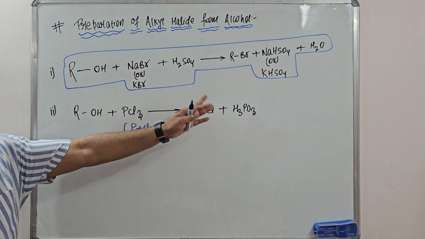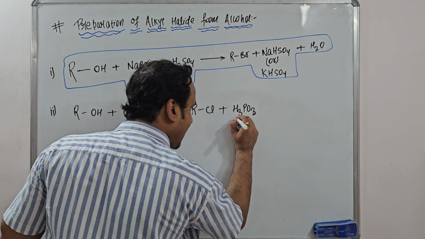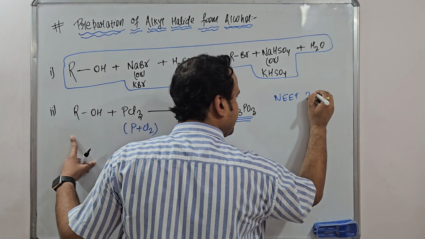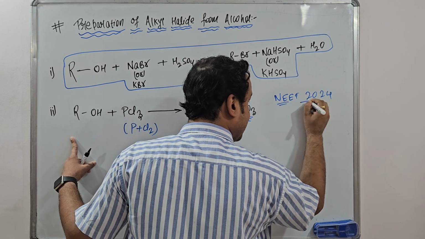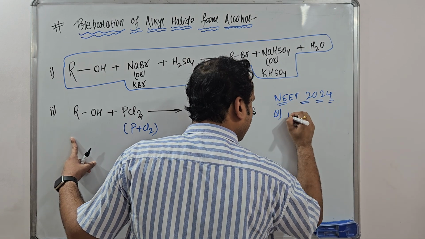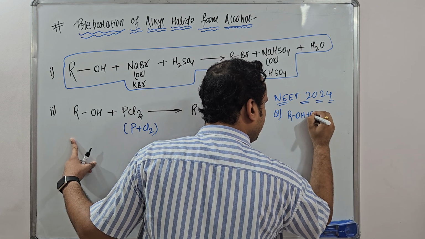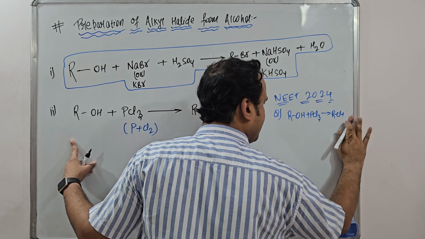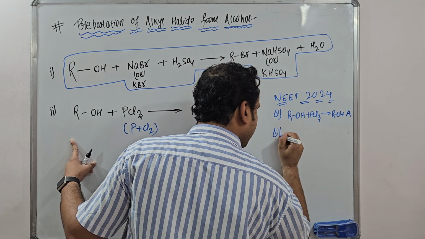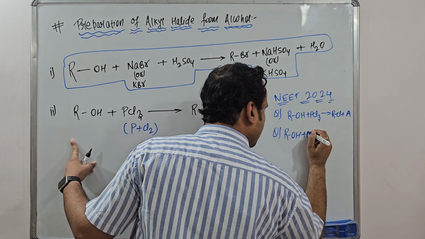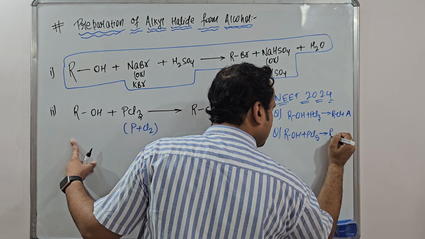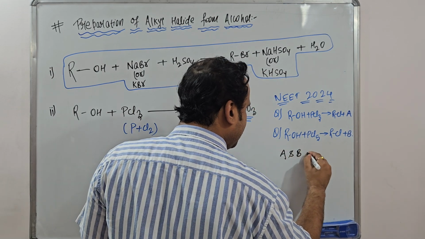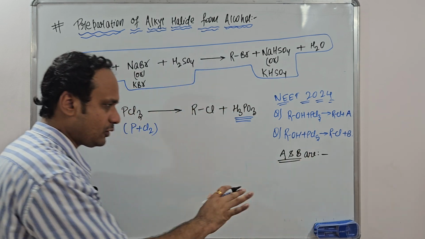Now this reaction you have to learn directly. In this reaction, this byproduct is important. In NEET 2024, this year's NEET, there is a question that whenever alcohol reacts with PCl3 it gives RCl plus A. And second, they have given that when alcohol reacts with PCl5, the product you will get is RCl plus B, and the options they have given for A and B. I will dictate that answer.